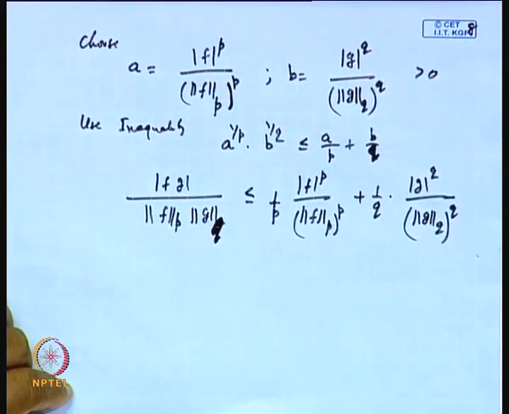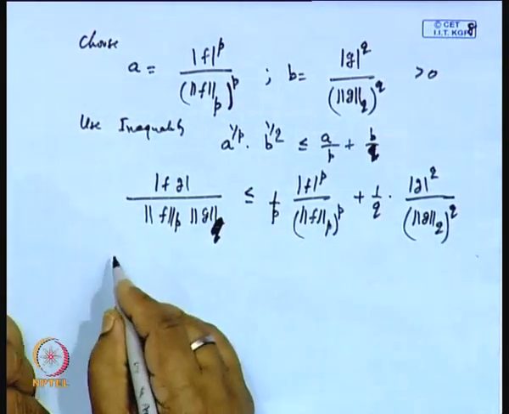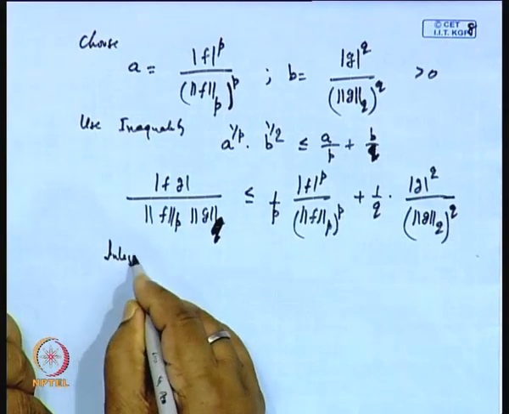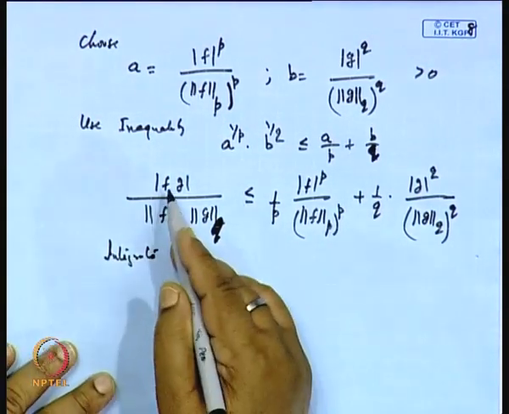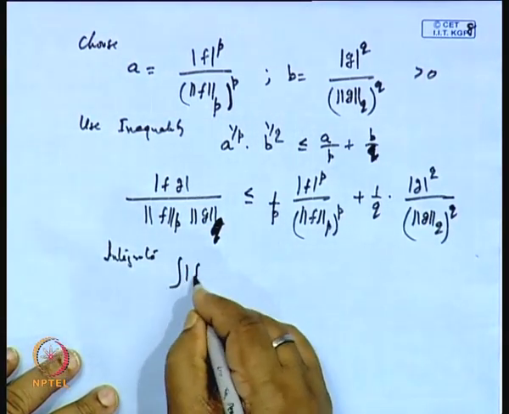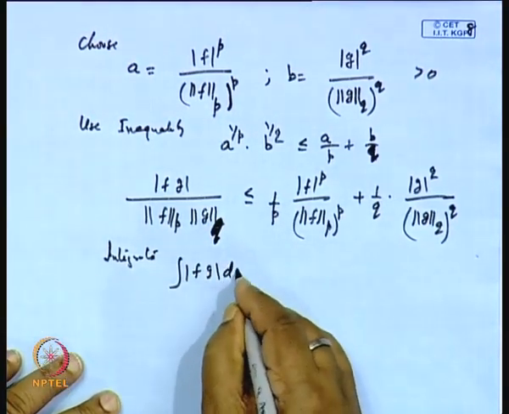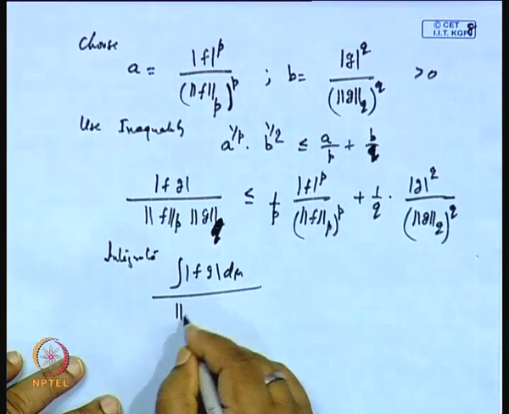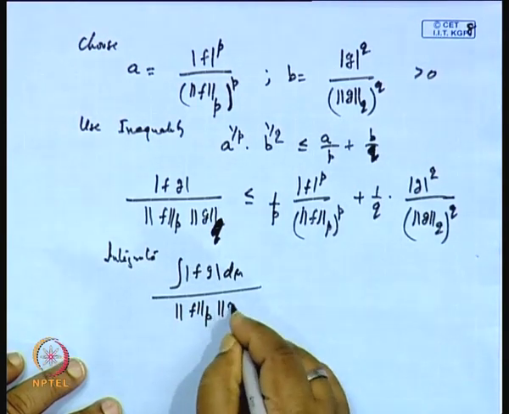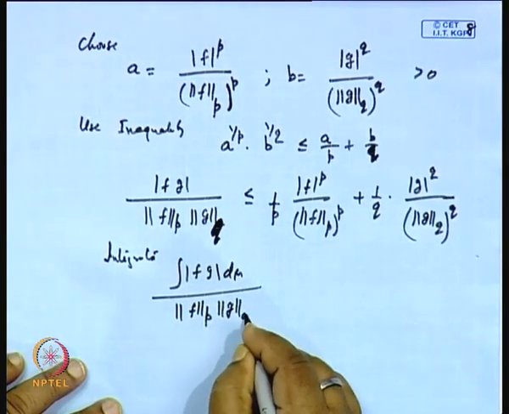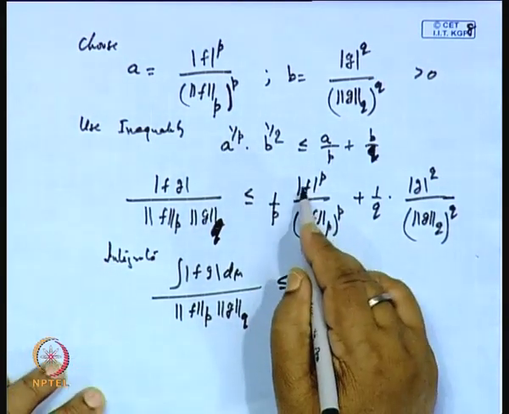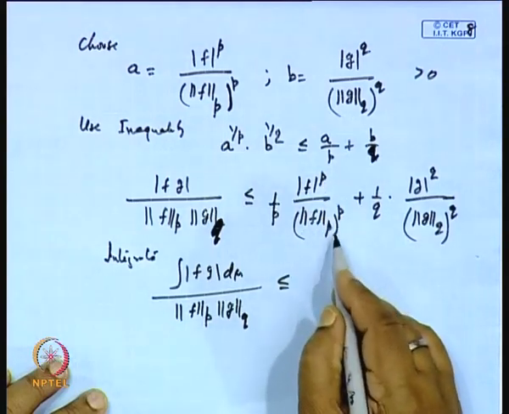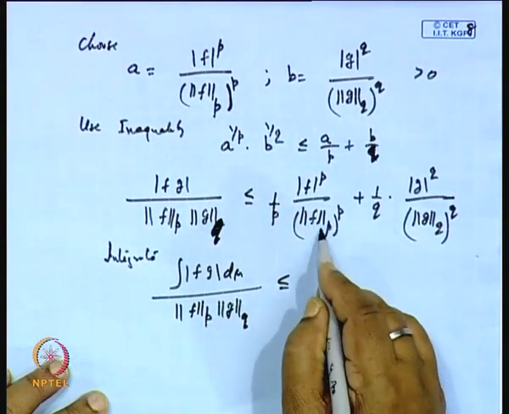Clear? Now take the integration. If you take the integration on both sides, what you get from here is the integral of |fg| d mu, and this is constant basically, so you can take it outside, and this is less than or equal to, when you integrate |f|^p, this is nothing but the norm f to the power p.